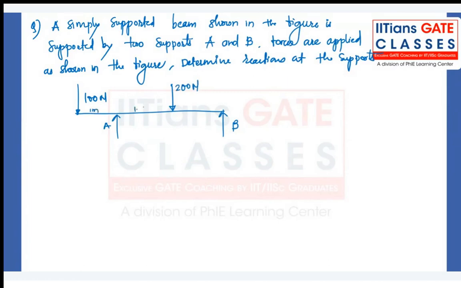Okay, so use this input data and figure and try to solve the question quickly. Tell me the value of RA and RB. A simply supported beam shown in the figure is supported by two supports A and B, and forces are applied as shown in the figure.